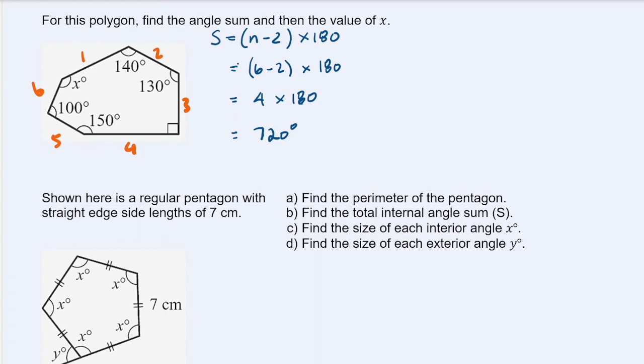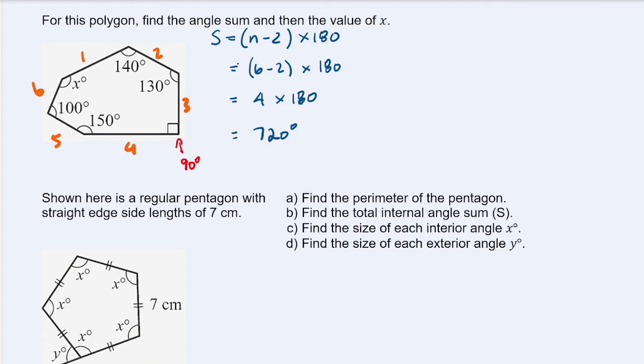So 720 degrees is our angle sum. So all 6 of those angles need to add to 720. That's going to help us work out x. Now one thing to remember in here, that angle is 90 degrees. It's our right angle, so it's 90 degrees.